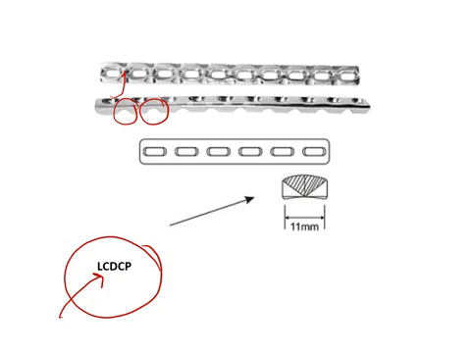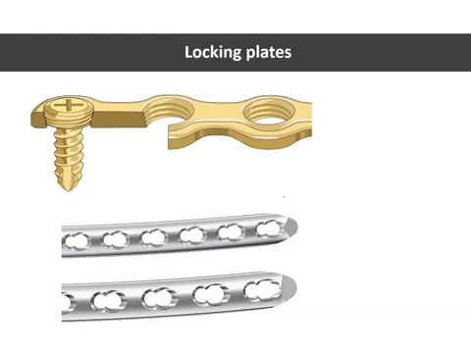But there was a problem. Both the plates, the DCP and LC-DCP, if you use them for a long time, or in weaker areas, or with fewer screws, the screw would still come out because it would not hold on to the plate very strongly. So how to help it? To help it, they came out with a new solution where they gave a combo hole in the plate, or they made threads in the holes of the plate and threads in the screw, where the screw will lock with the threads in the plate.